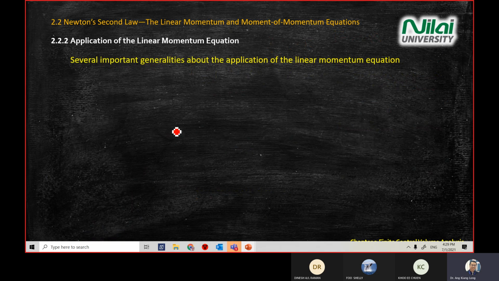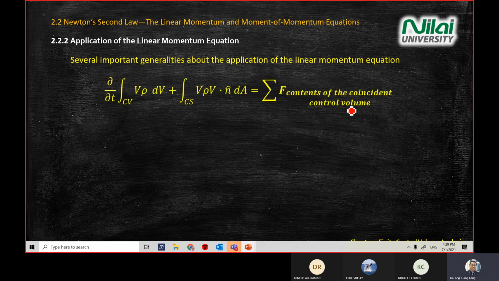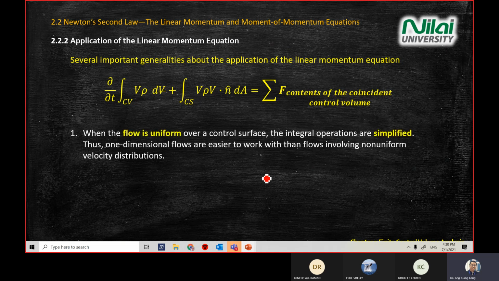A few important ideas or principles that we need to be careful about when we use the linear momentum equation. It is this one that we keep repeating since the beginning of this lecture. The first one is that we will have the flow to be uniform.